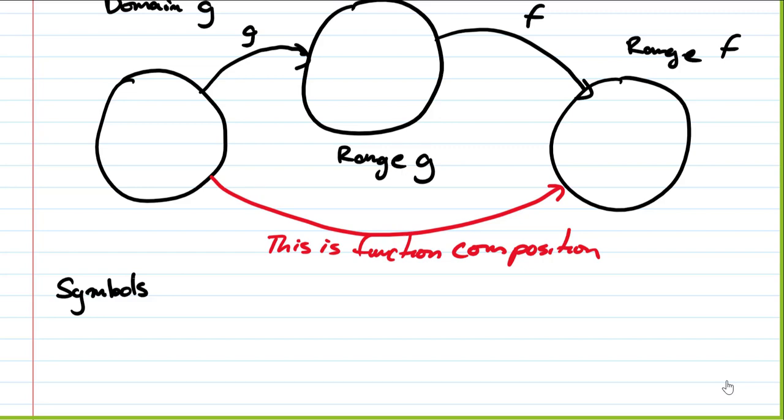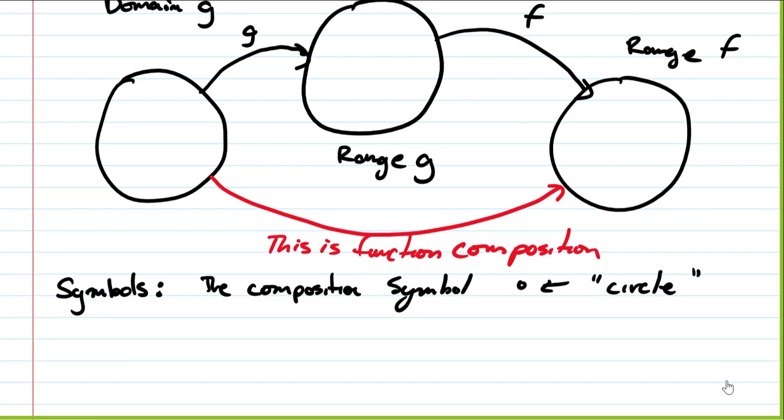The composition symbol is a circle centered on the line, and mathematicians in their infinite wisdom named that symbol circle.